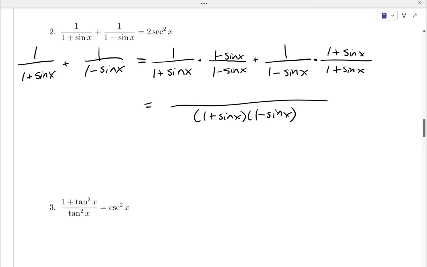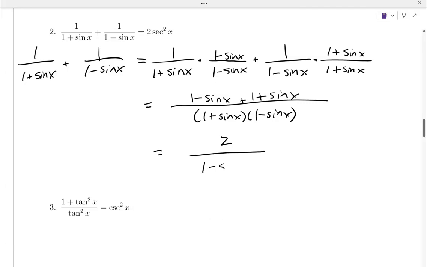What do you get on top? 2, because you get 1 minus sine x plus 1 plus sine x when we add the numerators together. So the top is 2. What do you get when you multiply out the denominator?